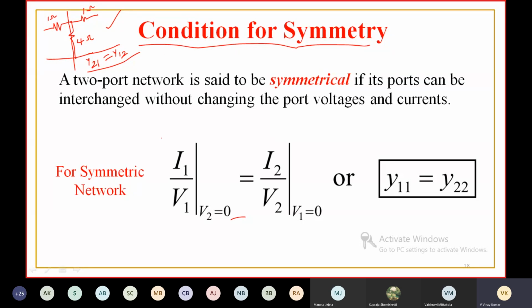So for a symmetric network, I1 by V1 when V2 is equal to 0 is equal to I2 by V2 when V1 is equal to 0. Then Y11 is equal to Y22.